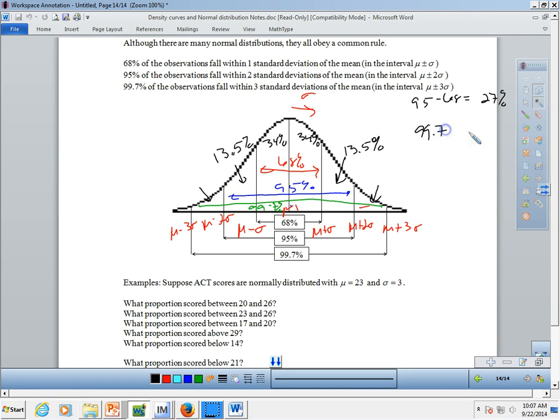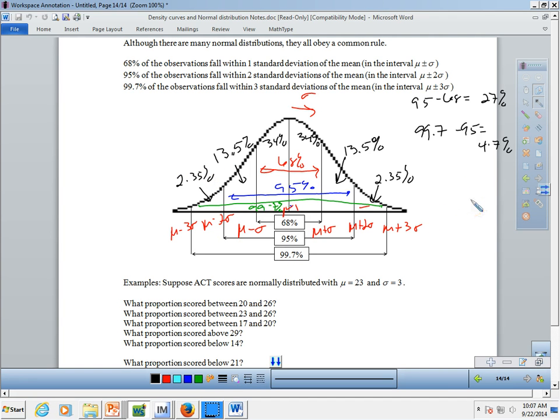So if I subtract those, I get 4.7%, and that tells me the total proportion of observations that should be sitting in these two intervals. Well, if the total is 4.7%, then half of that, or 2.35%, will be right here. 2.35% will be right here, for a total of 4.7.